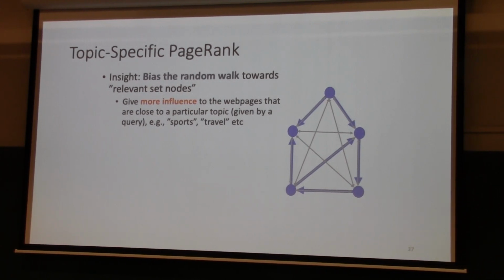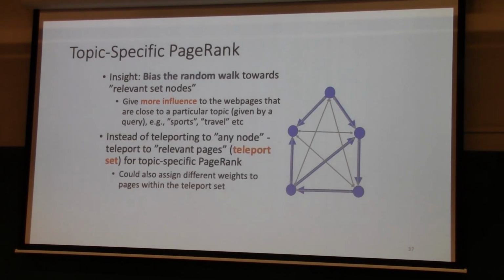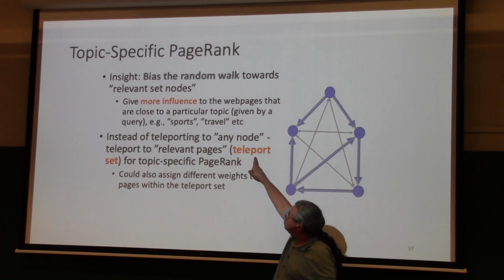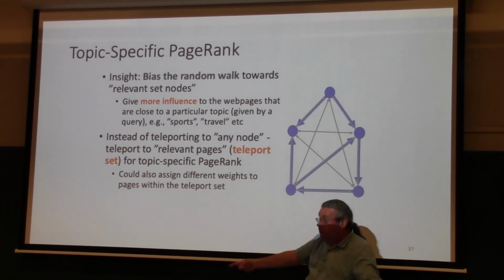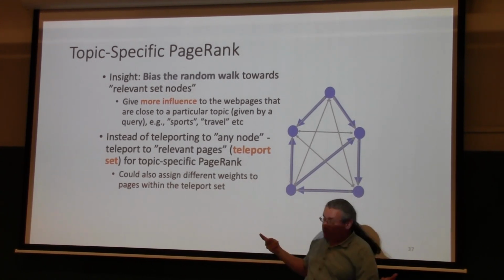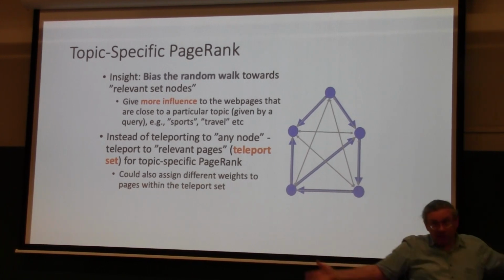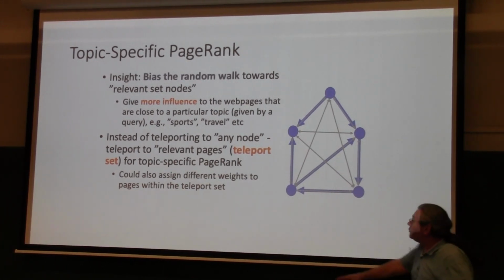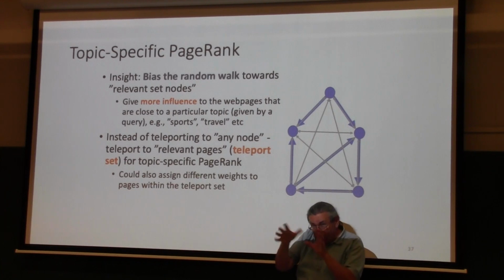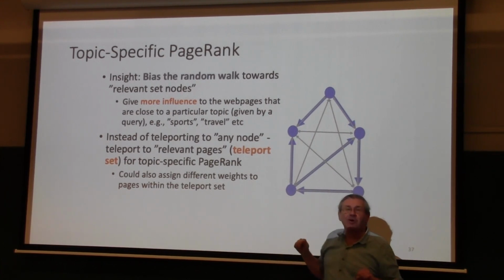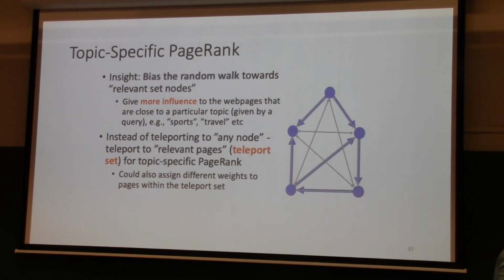I have to give more influence to pages that are close to some topic. And the way to fix that is you change how you teleport. Instead of teleporting to any random page, you teleport to pages that are relevant, that have something to do with sports or stamp collecting.